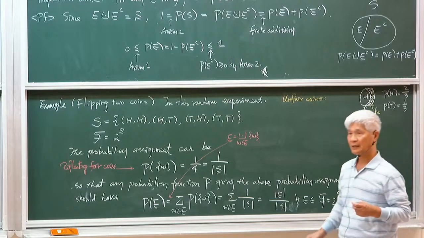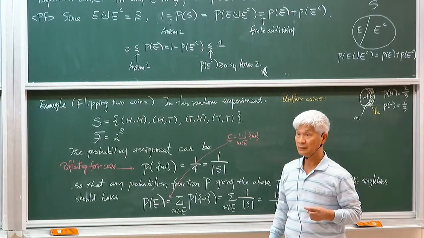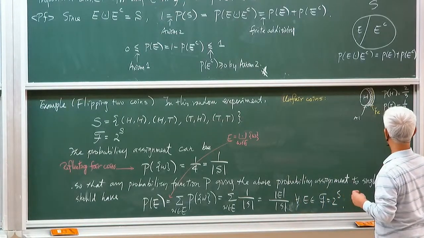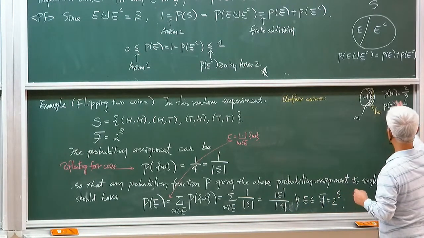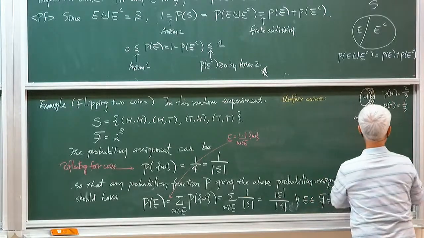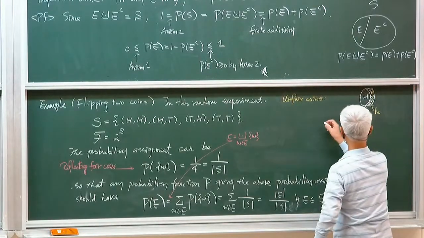Yeah? So I read this example in the book. I don't understand why the probability became 3, like the sample space became 3. No, I just say, I know that, in your question.